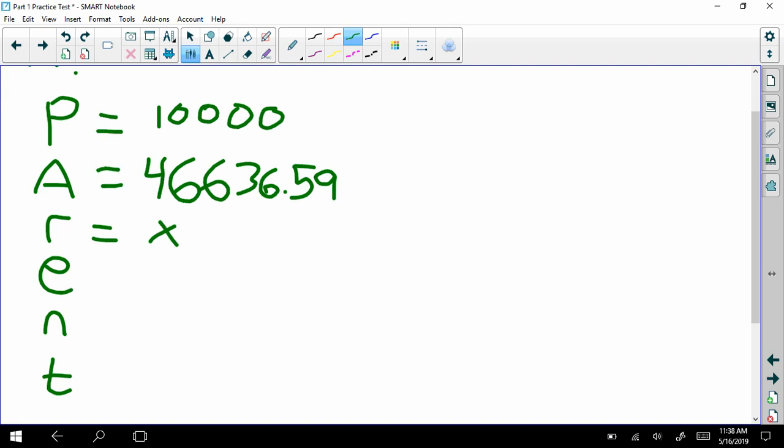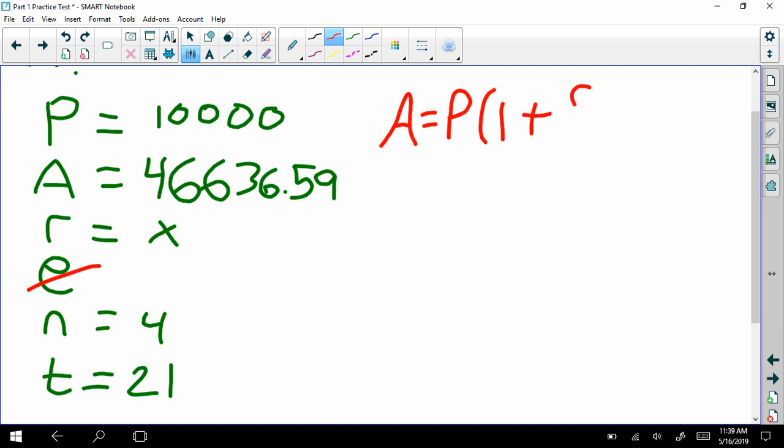And then N and T, well, it says 21 years, that's T. And then N, for this particular problem, it says it's compounded quarterly, which means that we have an N equals 4, and we're not using e. e is only if it said compounded continuously. So we take all that stuff, we plug it into our formula. A equals P times 1 plus r over n, to the nt.